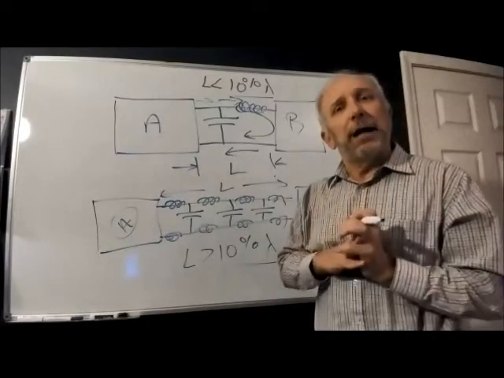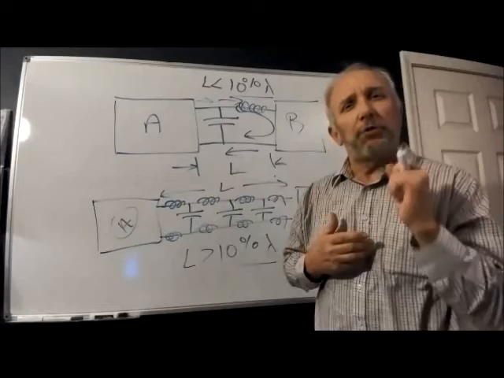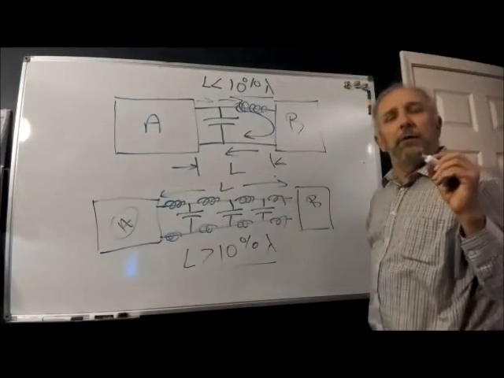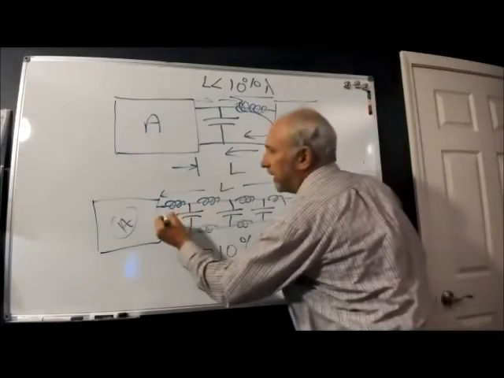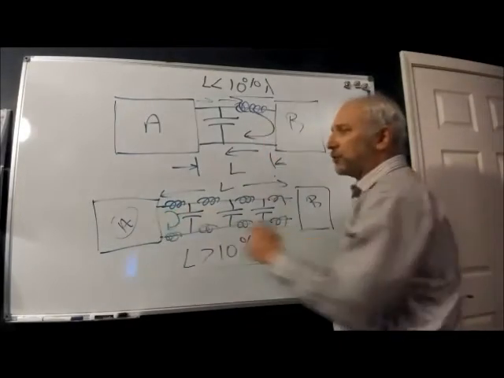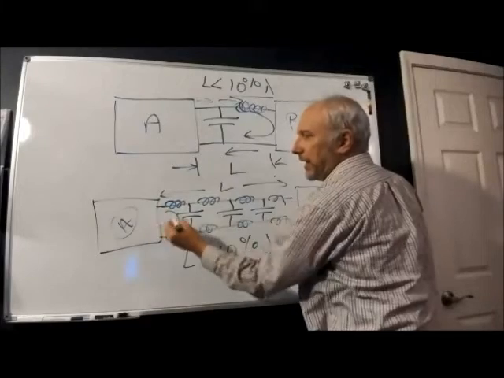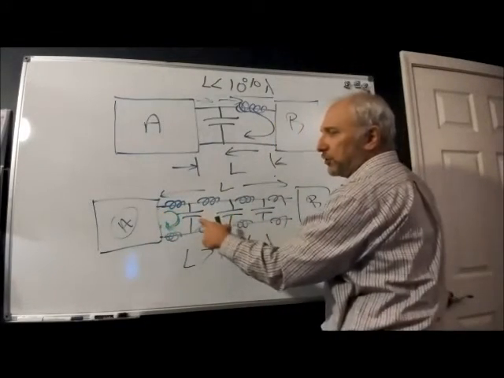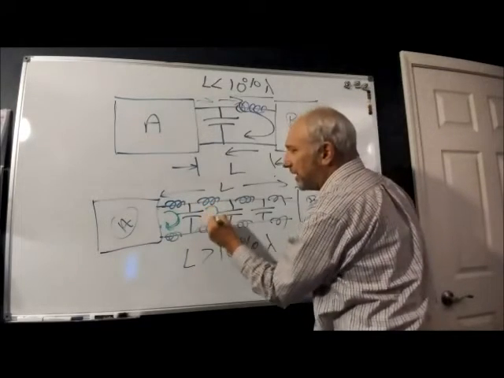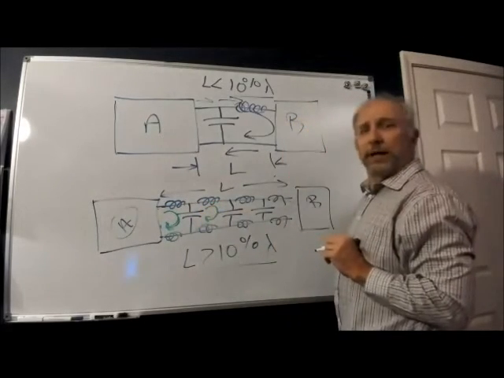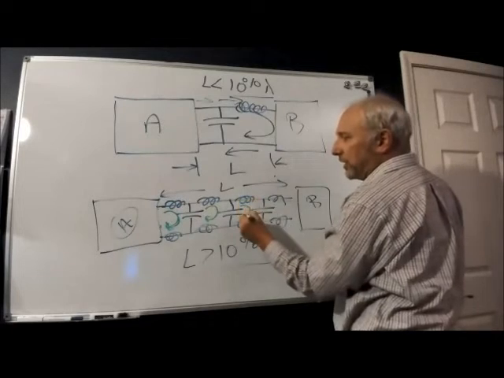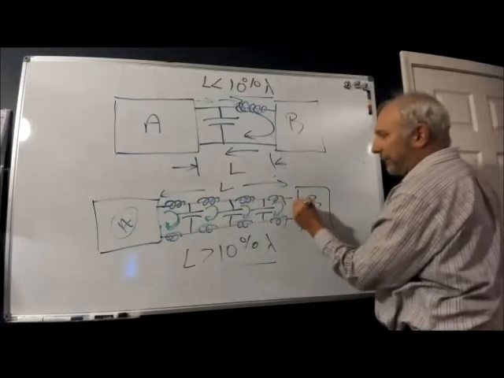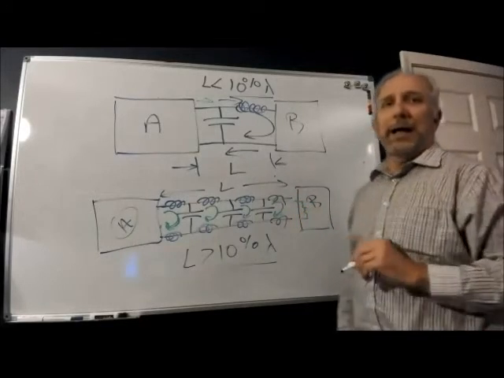It turns out this effect becomes even more pronounced in a transmission line, and this is fundamental to a transmission line. Essentially, the energy starts out here at device A and flows in this loop. It charges this capacitor, then flows in that loop, charges that capacitor, flows in that loop, and effectively ends up out here at the load.